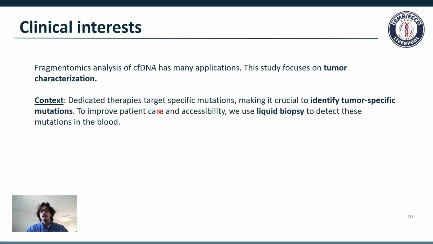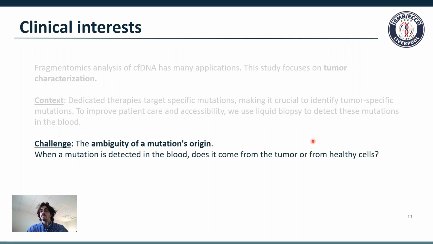With dedicated therapies targeting specific mutations, it has become crucial to reliably identify tumor-specific mutations. To improve patient care and accessibility, we aim to use liquid biopsies to detect these mutations in the blood.